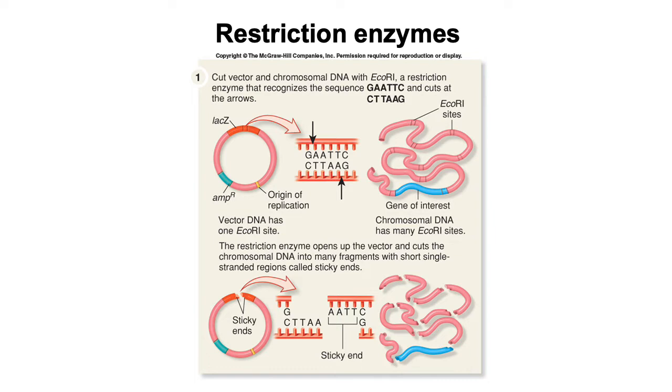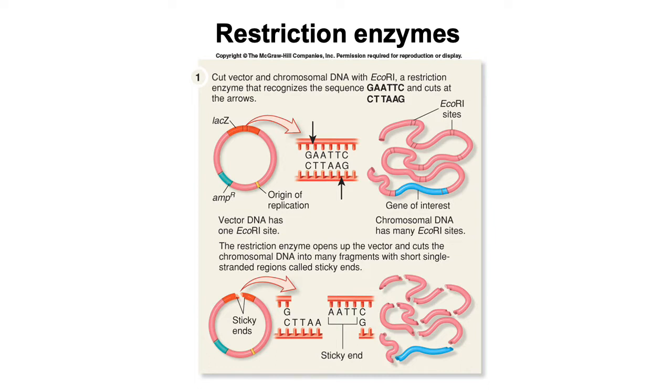When it cuts the two strands of DNA, it leaves these overhangs, shown there on the bottom and labeled as sticky ends. If we take a piece of DNA of interest and cut it with a particular restriction enzyme, those sticky ends allow for complementary base pairing with another piece of DNA that's cut with the same enzyme.